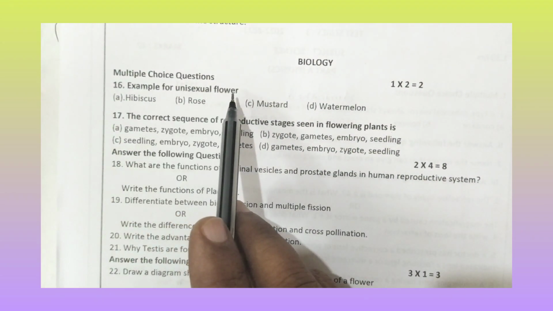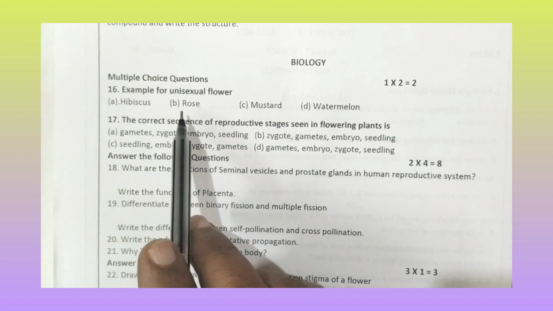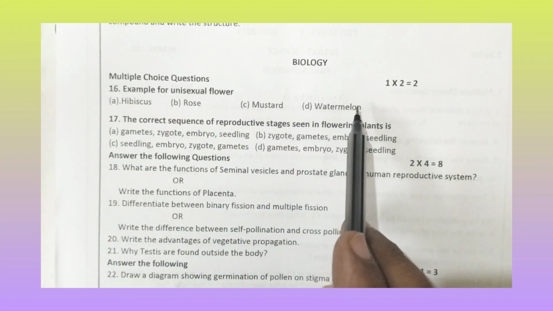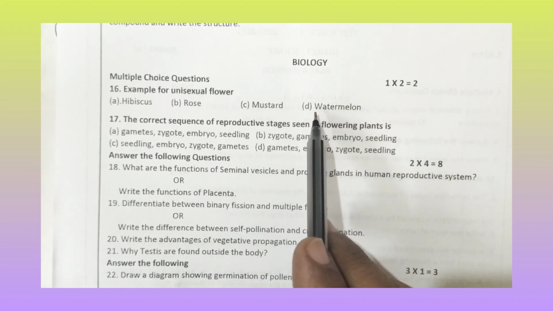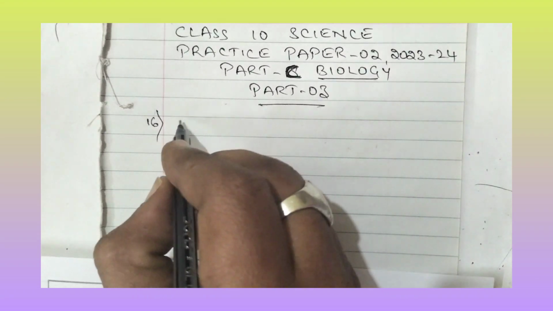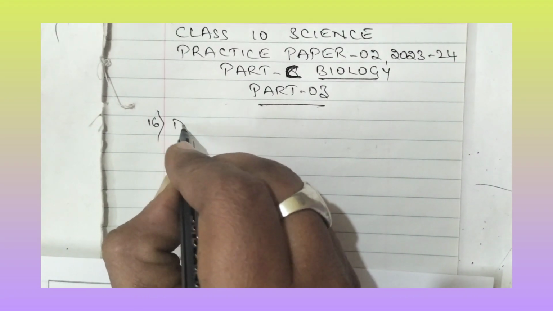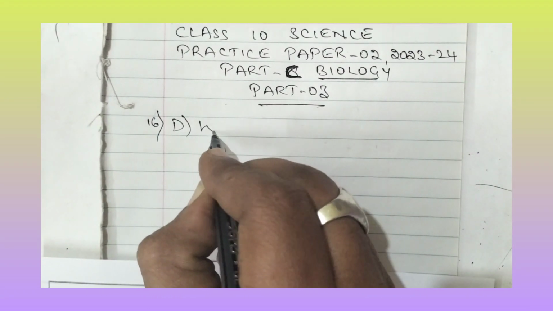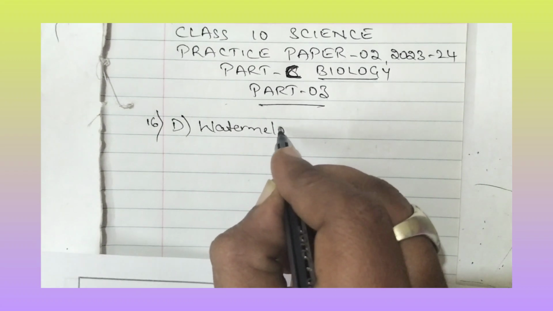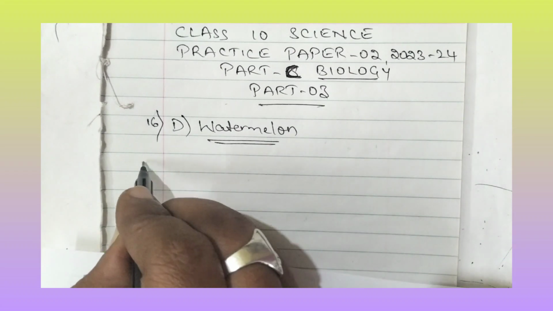Example for unisexual flower: hibiscus, rose, mustard, watermelon. So among these four options, the right option is option D, watermelon. Watermelon is a unisexual flower. So watermelon is the right answer for 16th question.